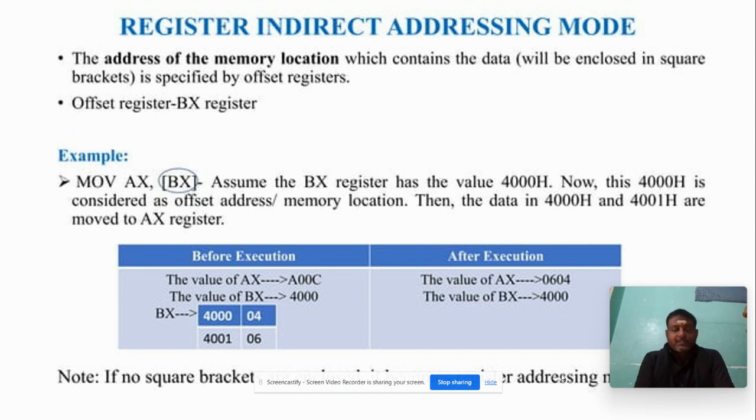After execution of this instruction, the value of AX is 0604. The data from locations 4000 and 4001 are stored into the AX register. This is register indirect addressing.